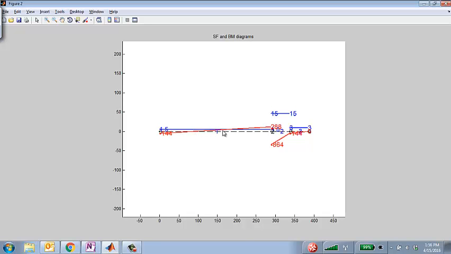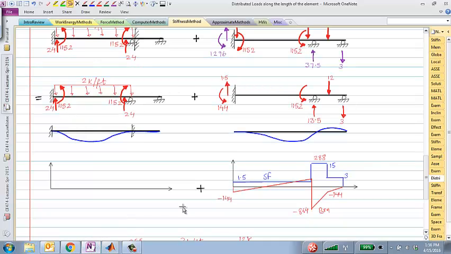So this is the shear force and bending moment diagram that we get for the second half of the problem in MATLAB. What would be the shear force and bending moment diagram for this part, the part that we have to do by hand? Let's first of all say what would be the shear force diagram for this problem.